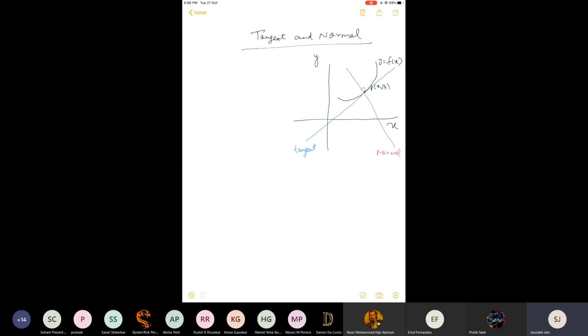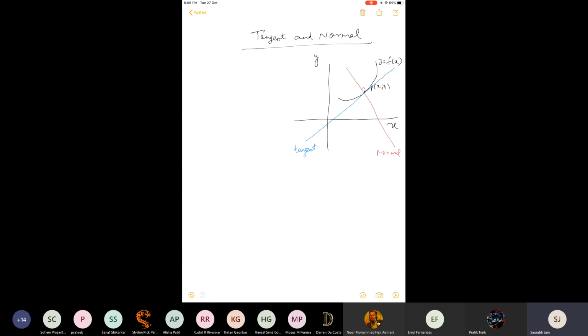There can be infinite lines perpendicular to the tangent. I can draw several lines parallel to this red line, but not all of them will be normal, because the tangent is drawn at x1, y1. So at that point, if we draw a line perpendicular to the tangent, it is called the normal.